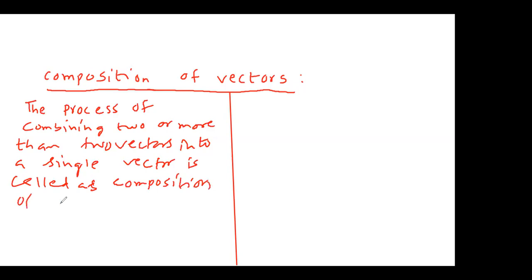What is called resolution? Splitting is resolution, combining is composition. Okay. Now look on the screen again before you start writing. We have to combine two vectors into a single vector. So same history.